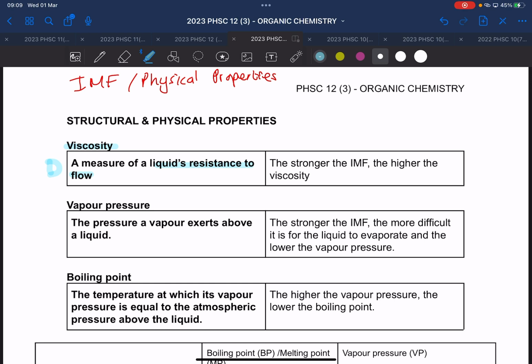If you think about tar that we tar the roads with, does tar pour easily? No, it's almost like lava. It takes a while. Because it's very long molecules, very strong intermolecular forces, so it doesn't flow that easily. But if we have short molecules, then it does flow quite easily.